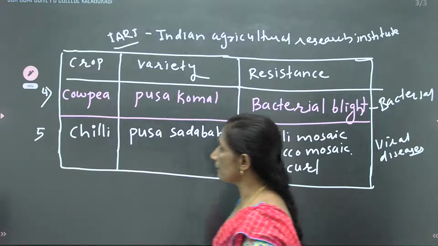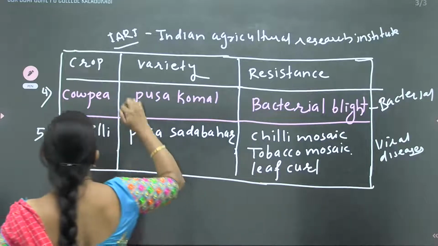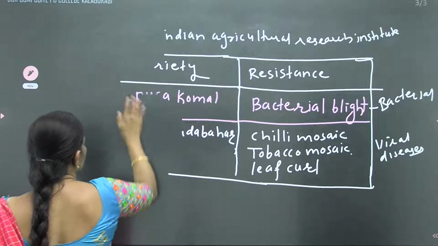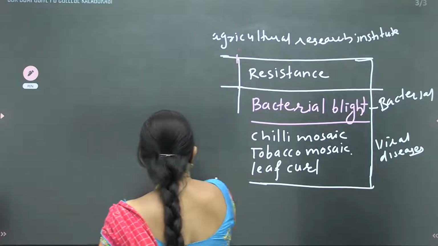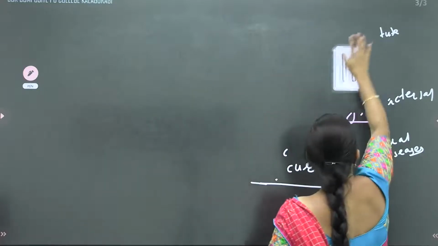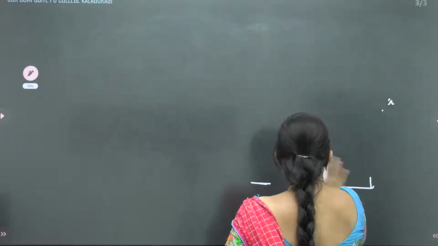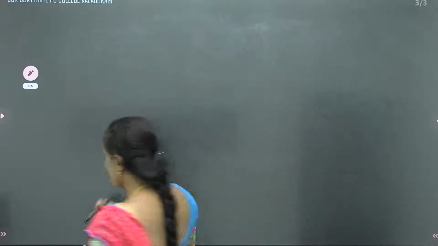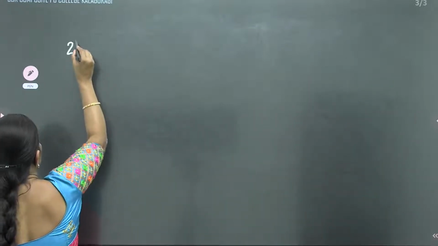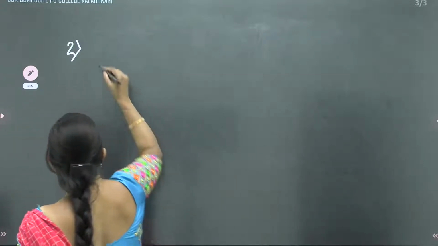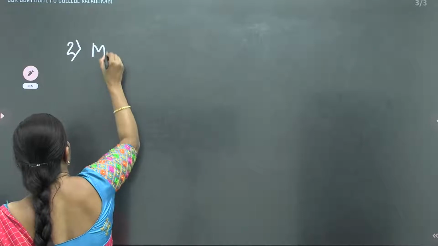Moving to the second method for producing disease resistance, that is mutation breeding.